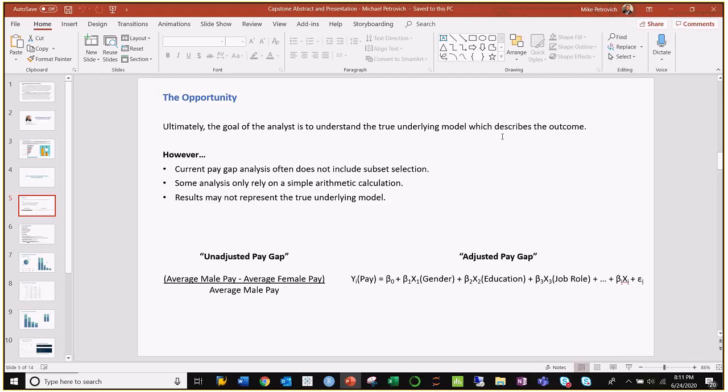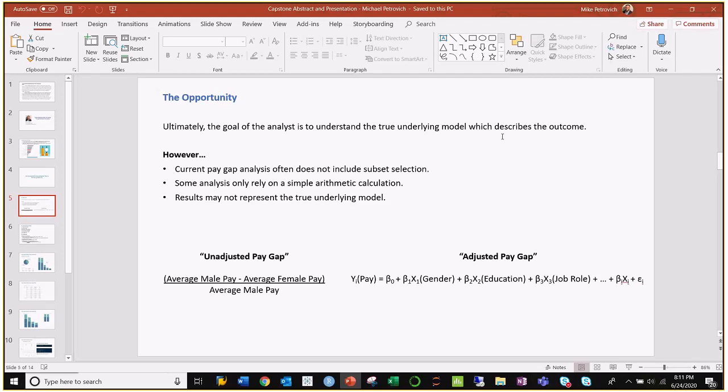paid differently. The other flavor of pay equity analysis is more or less what we're going to explore more of, which is your multivariate regression. And that's typically called the adjusted pay gap because you're adding controls to adjust for anything and everything that should be included in terms of its impact on pay.